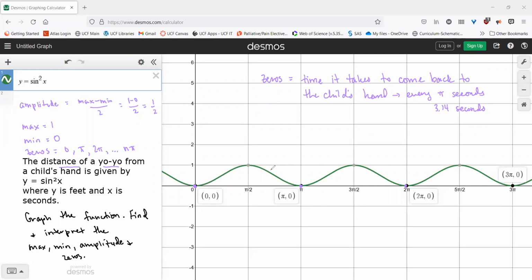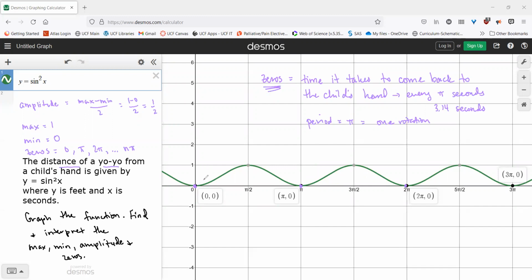That is the period. From start to stop of one cycle is pi. The period is pi, and that's how long it takes to get one rotation. That's what this stuff actually means. The kid throws the yo-yo and brings it back to his hand. That's one period, one rotation of the yo-yo, and that takes pi seconds, 3.14. In this scenario, that's what the zeros mean.